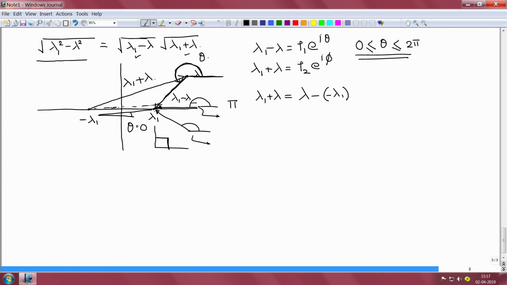Its argument is 0 over here, phi is 0 over here, then phi is pi over here, and then below phi is equal to twice pi.